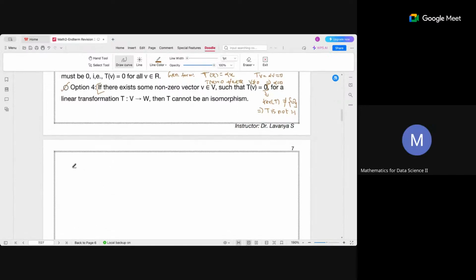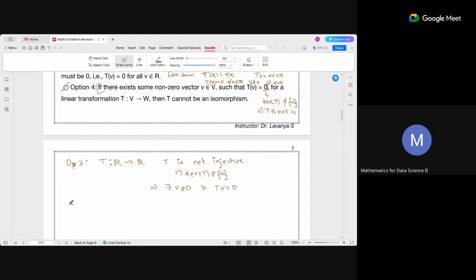Option 3: you are given a linear transformation T from R to R, and it is given that T is not injective. T is not injective means your kernel of T is not just 0. So there exists V non-zero such that TV is equal to 0.